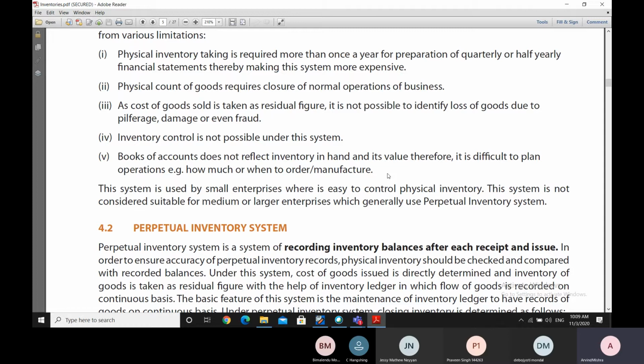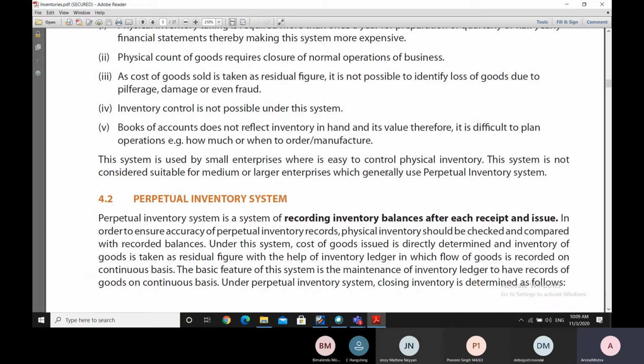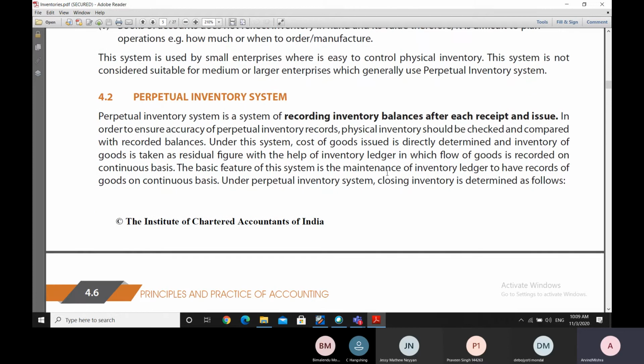This system is not considered suitable by either the medium-sized or the larger-sized enterprises, because those medium and larger enterprises will use the perpetual inventory system.